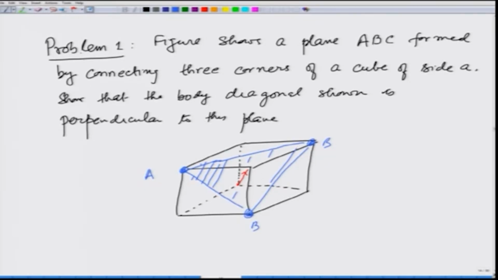For convenience, what I am going to do is take this axis to be the x axis, this axis to be the y axis, and this axis to be the z axis, and this corner to be the origin. Any plane, you will recall, is defined by two lines, right. So, we can take AB and BC to be the two lines defining this plane, and we want to use vector algebra now.